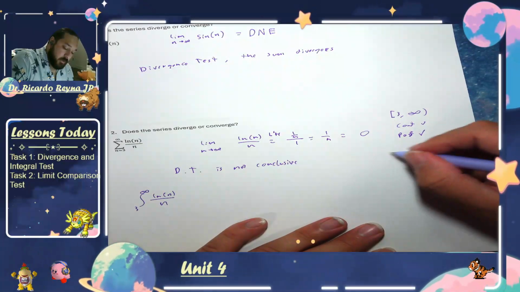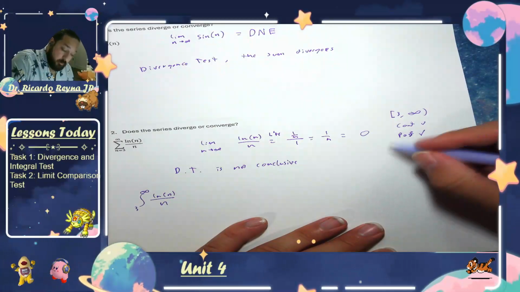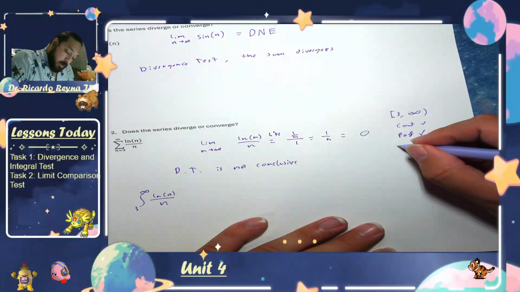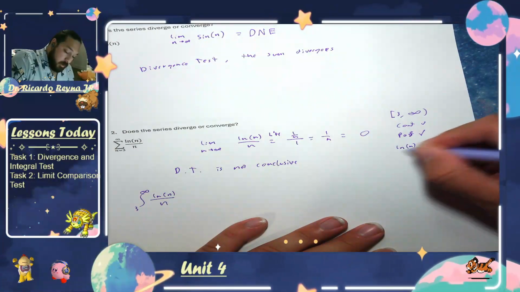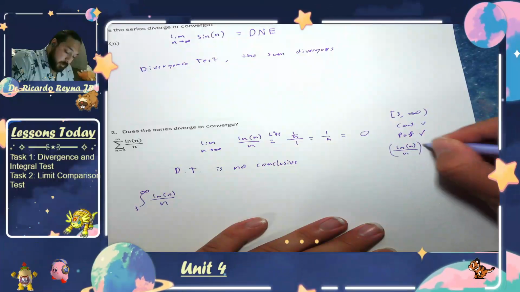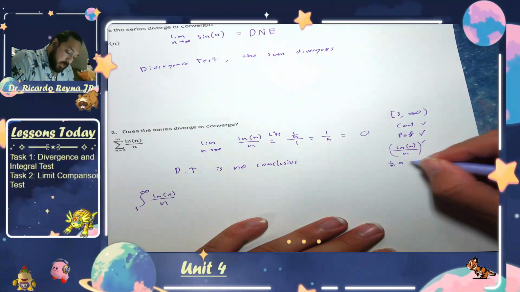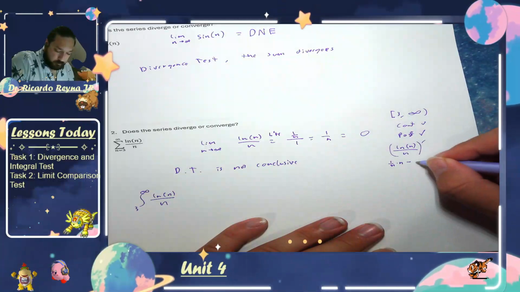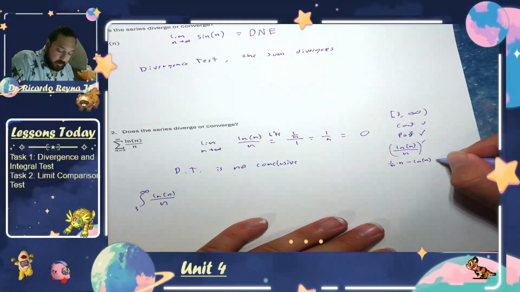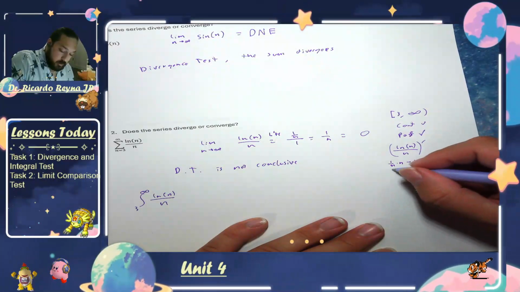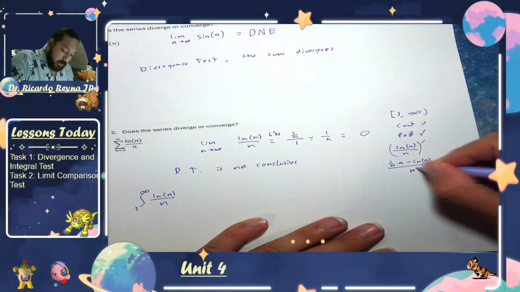But is it decreasing? Let's go ahead and just actually find the slope. F prime, we get 1 over n times n minus ln of n times the derivative of the bottom, which is just 1, over n squared.